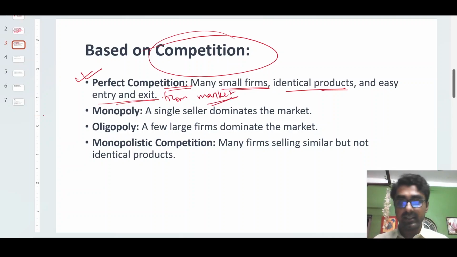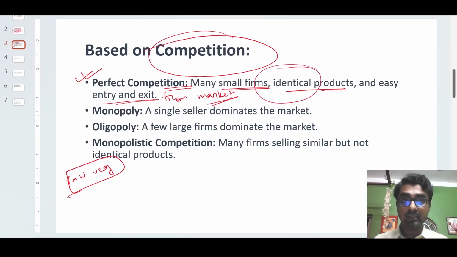I'm just explaining in detail: perfect competition is like the raw vegetable market. In the raw vegetable market, for the same kind of identical product, for example potato, you can see the number of potato sellers is multiple.